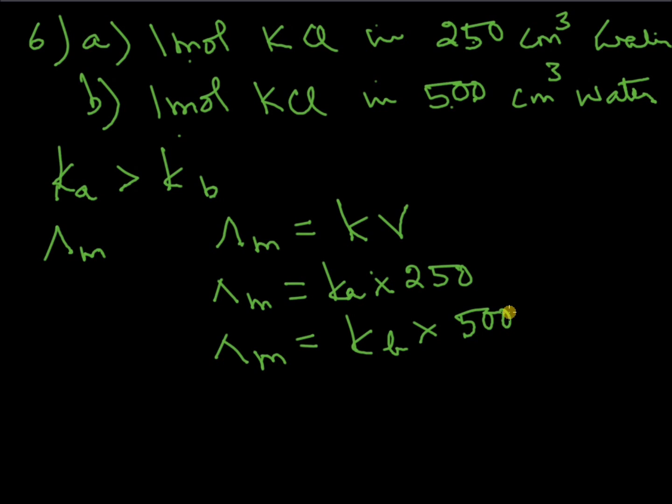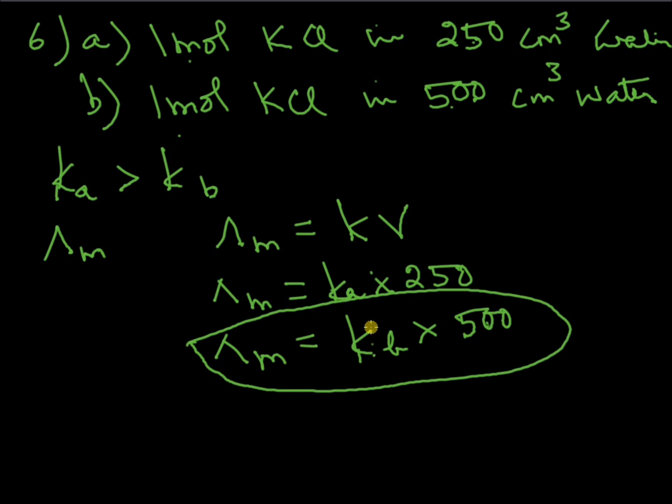Kb is less, but the volume is 500 here, which more than compensates for the decrease in the value of K. The net result is the second one will be higher. Though Kb is less than Ka, the volume is so much higher than in the previous one that these two together will have a net higher value than for solution A. So solution A will have a higher conductivity, but lambda m of B is higher.